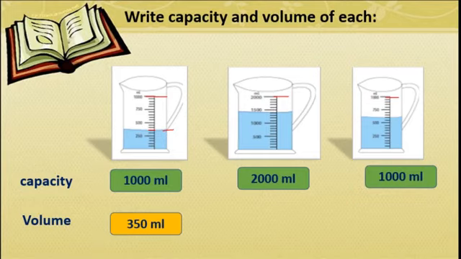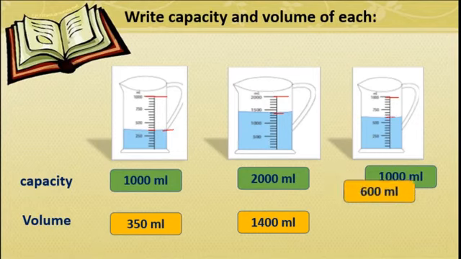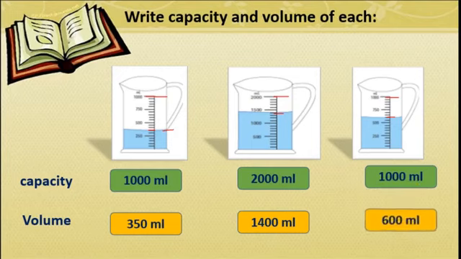One line less means it is 1400 ml. Got this? And here you can see this is 500, this is 600, this is 700. Is it? Sorry, 500, 550, 600. This is 600. So 600 ml.